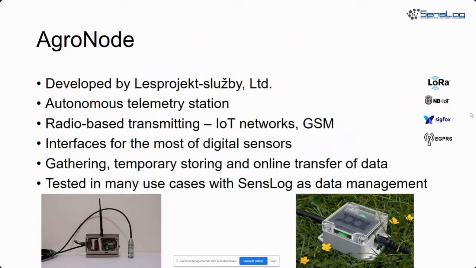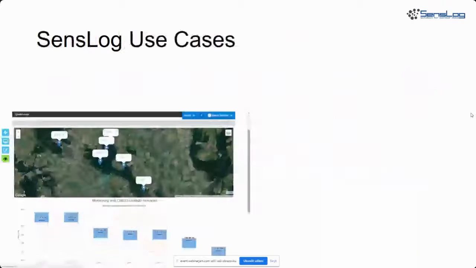So we have many successful use cases in cooperation between Agronode and SensLog as data storage. It's one of the solutions we are using.